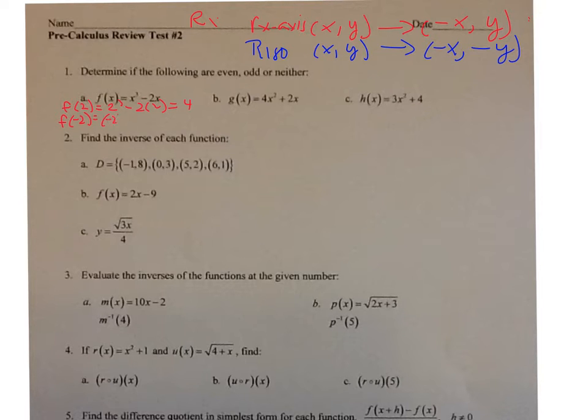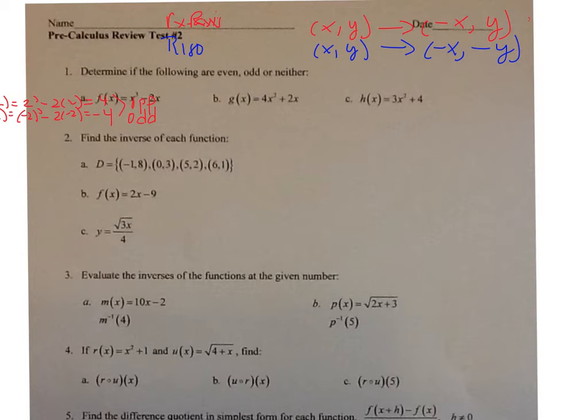So it's negative 2 to the third minus 2 times negative 2. So negative 2 to the third power is negative 8. Negative 8 plus 4, because you have negative 2 times negative 2 is positive 4. So it's negative 8 plus 4 is negative 4. So these are opposites, so that means it's odd. So opposite is odd.